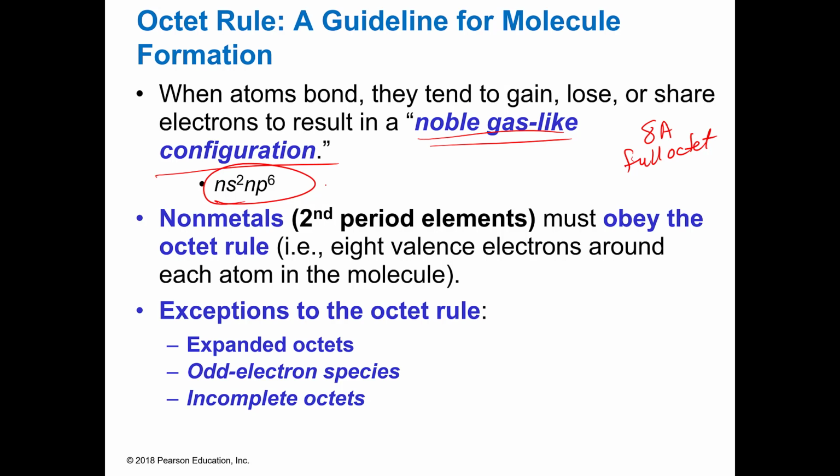So the nonmetals in the second period obey the octet rule, that is, 8 valence electrons around each atom. There are exceptions to the octet rule: expanded octet, odd electron species, and incomplete octets. Expanded means more than 8.